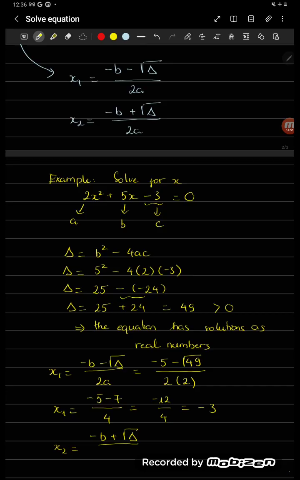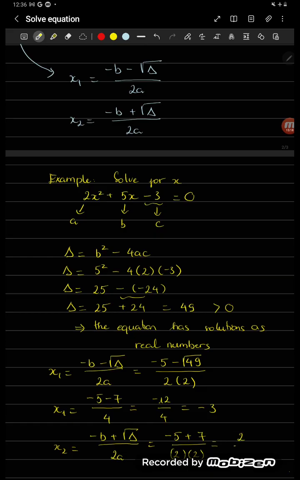Now we calculate x2 equals negative b plus square root of delta over 2a. The only difference between x1 and x2 is minus the square root of delta or plus the square root of delta. Similarly, negative b is negative 5, and the square root of delta is 7, over 2 times 2.